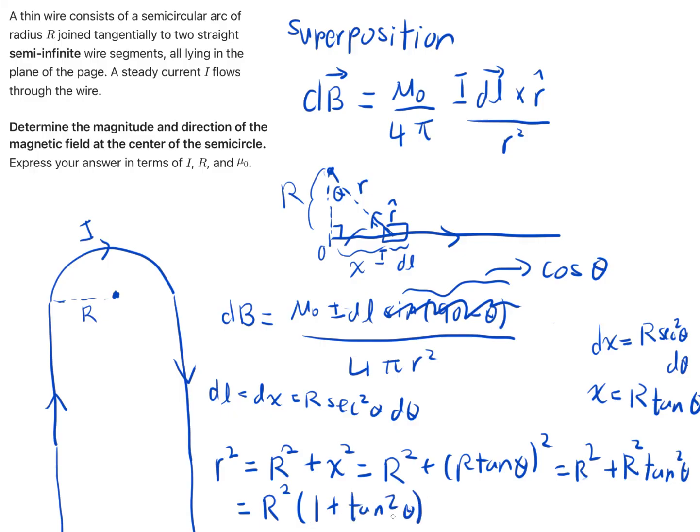And for 1 plus tangent squared of theta, there's a trig identity that says that this part here is equal to the secant squared of theta. So now we have both r squared and dl in terms of theta, and we can now plug that into the expression for dB. So let's do that.